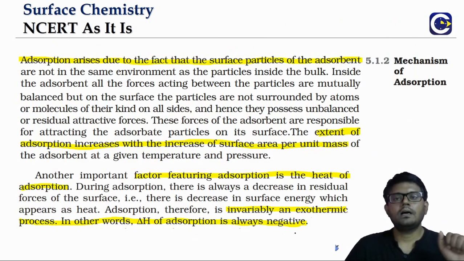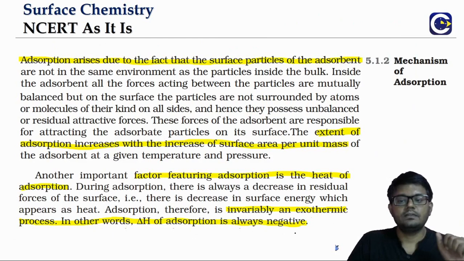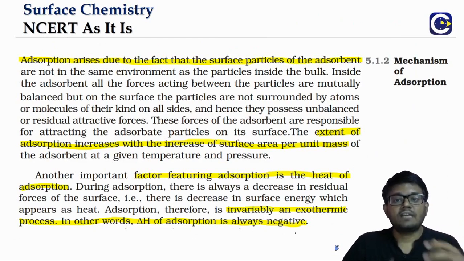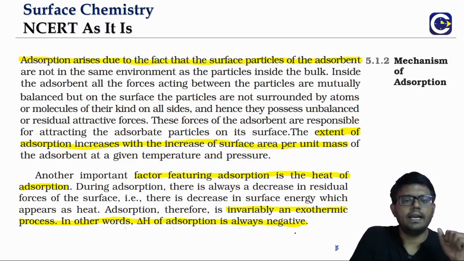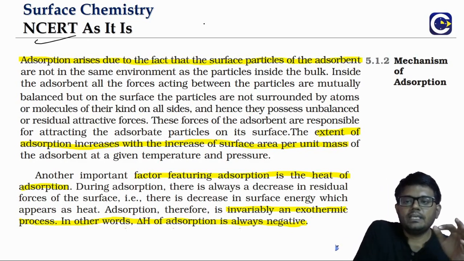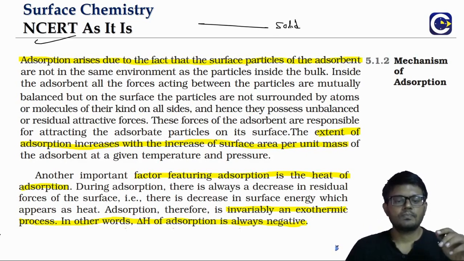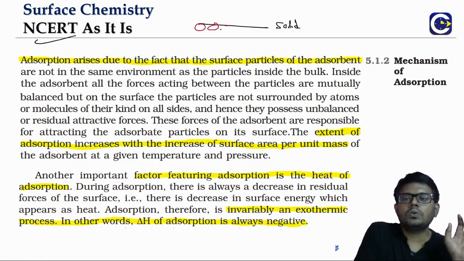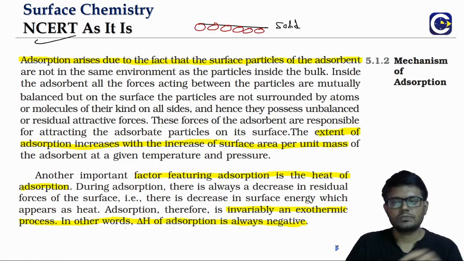Now when you look at the mechanism of adsorption, this is where we said how the surface area will play a role in adsorption. So we will talk about all these things. When we look at adsorption, why is it happening? First of all, if you take any surface, let's talk about the solid surface. We will have two types of solid molecules.